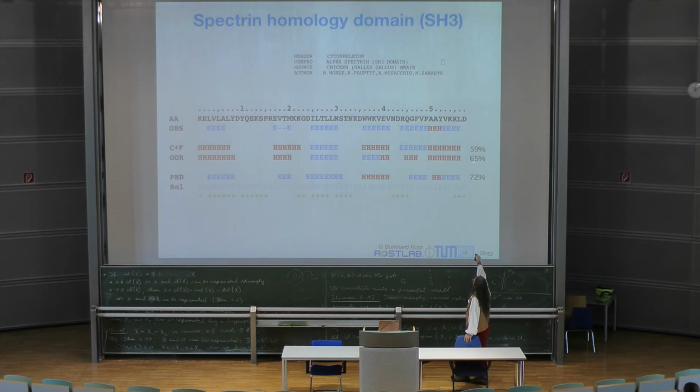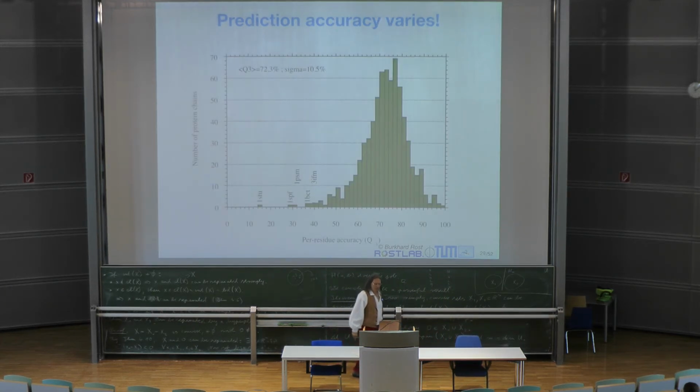This does better on that than average. So the question is really, this is clearly better here, but is it better on average? And the answer to that is the distribution here. So this is for all the proteins, the number of proteins shown. So 72 is roughly the average.